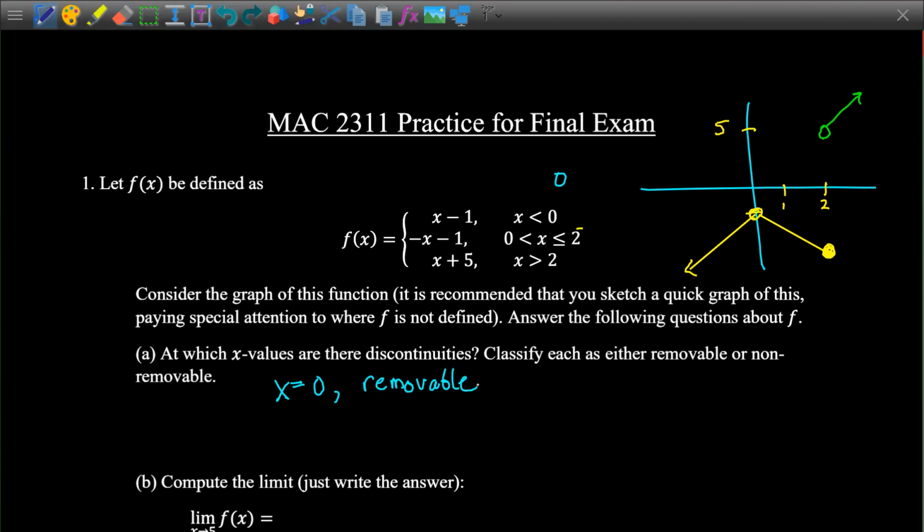We could just do something simple if we wanted to and remove that discontinuity. But the second one, it's discontinuous because there's a jump. So it's discontinuous at x equals 2, and there's nothing that we can do to bring the two pieces together, that piece and that piece. So this is non-removable.